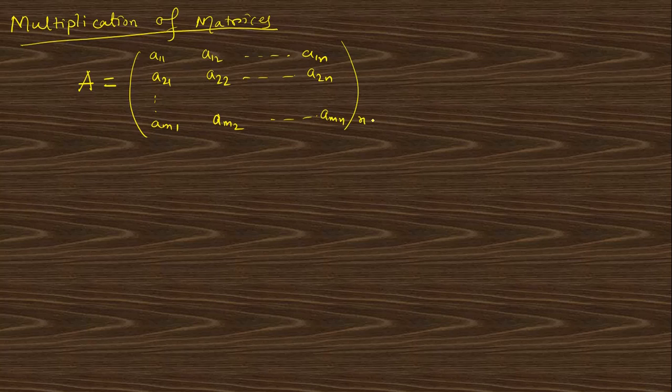The number of rows is M and the number of columns is N, so the order will be M by N.